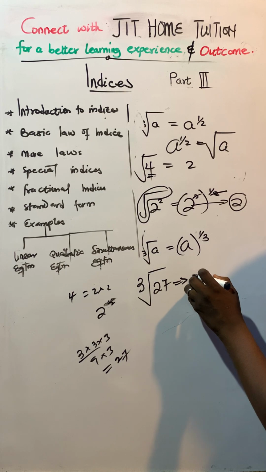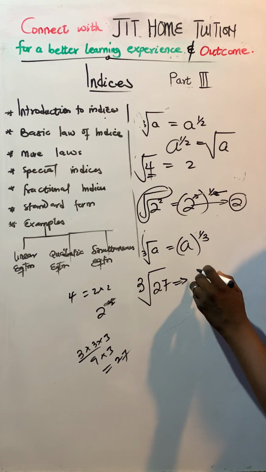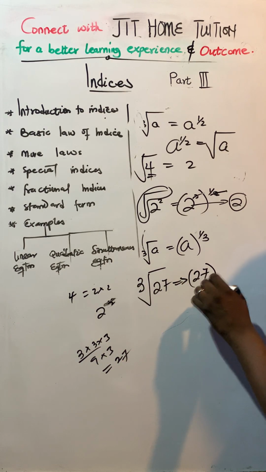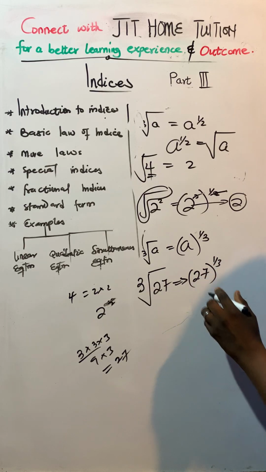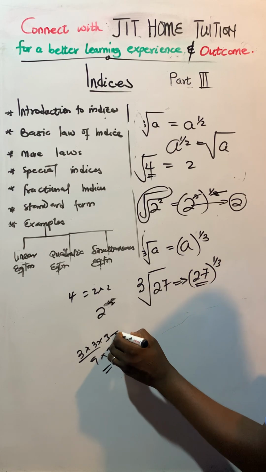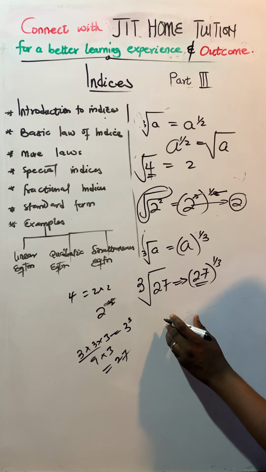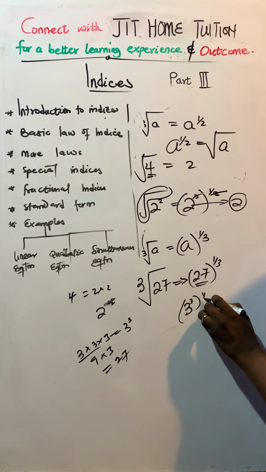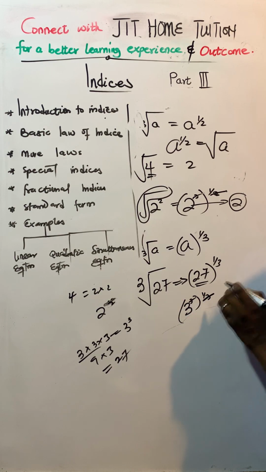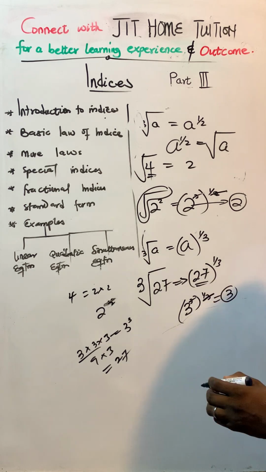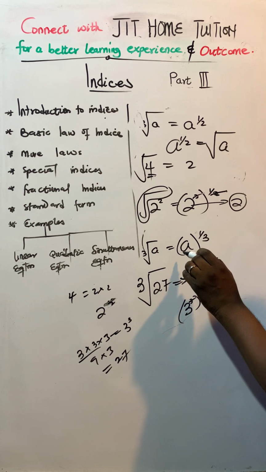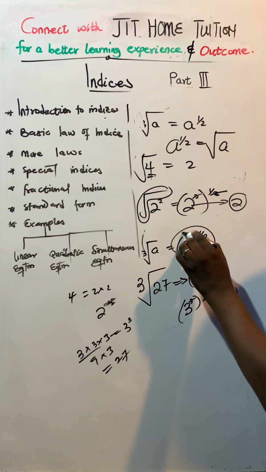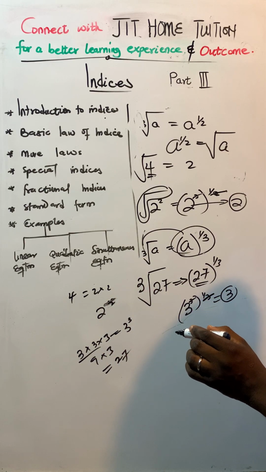So here we can rewrite it as, based on what you have over here, 27 exponent 1 over 3. But this one gives us 3 exponent 3. So this 3 exponent 3, then you have exponent 1 over 3. The 3 will cancel. That's why you have 3 here. So when you also have this one like this, you can reverse it back.